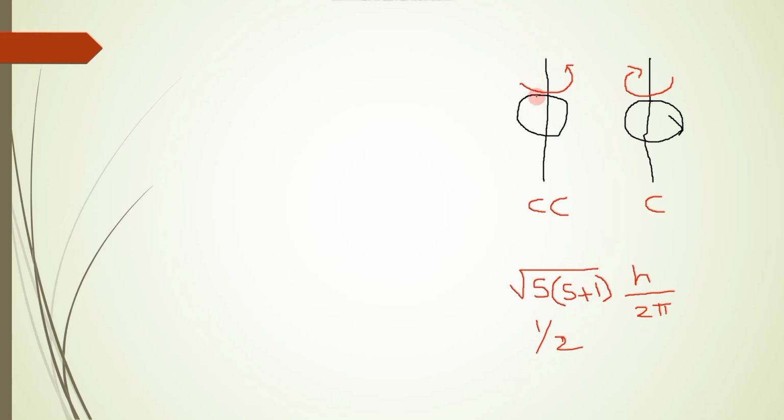So here this is south and this is north, and here this is north and south. So here this moving electron induced a magnetic field.